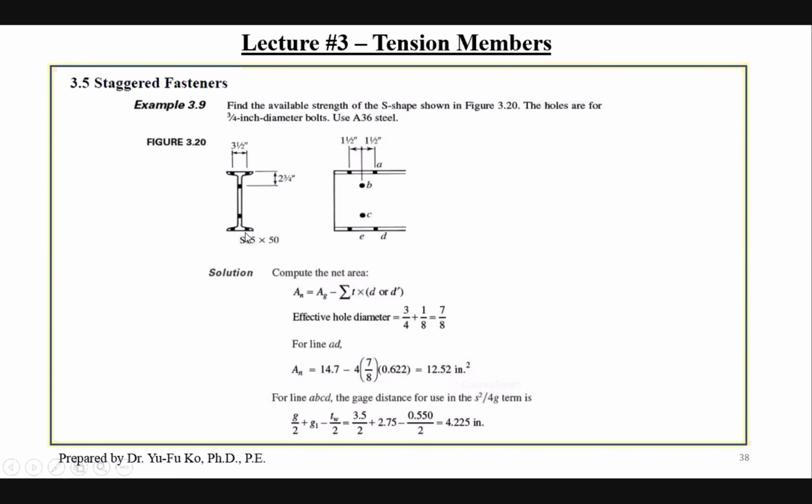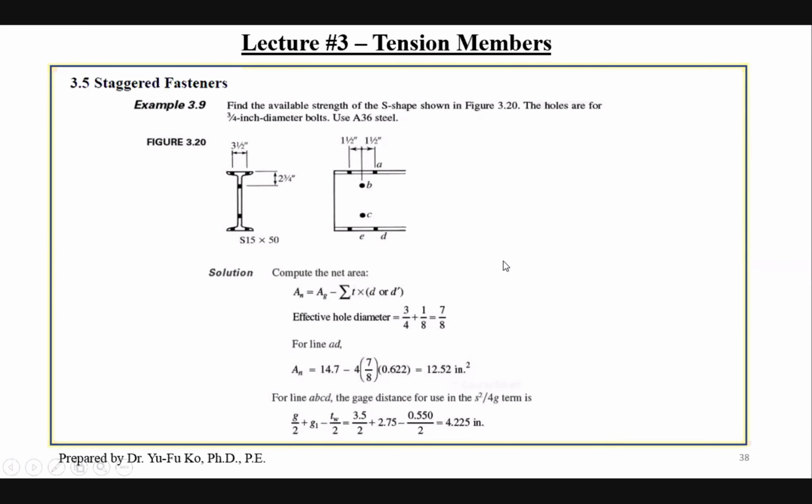Each half of the flange, you got 2, so total is 4. So this is the problem statement regarding the bolt layouts. Now, any questions regarding the problem statement? No, sir.